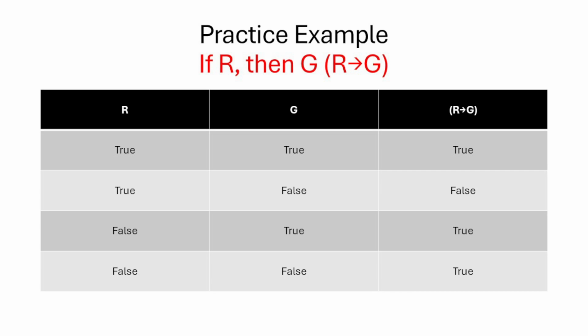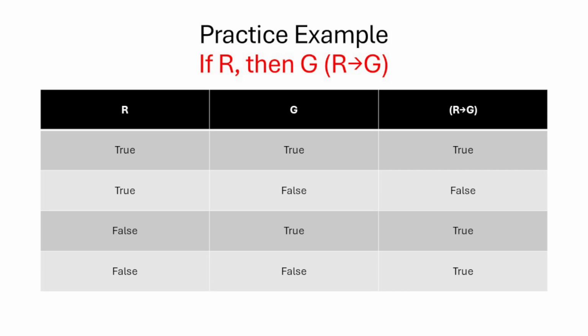So when R is true and G is true, the statement if R then G is true because G occurs when R occurs. And if R is true and G is false, the statement if R then G is false because G does not occur when R occurs.